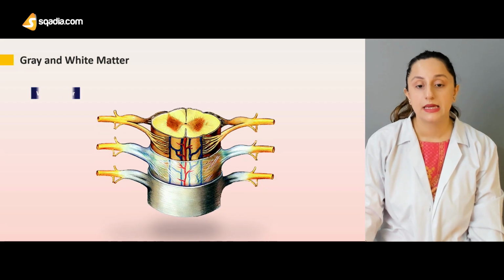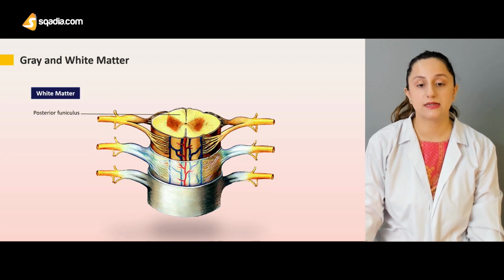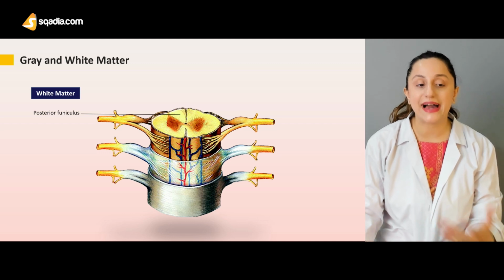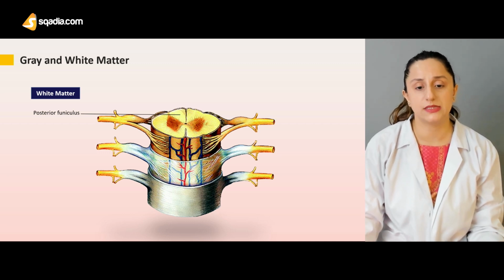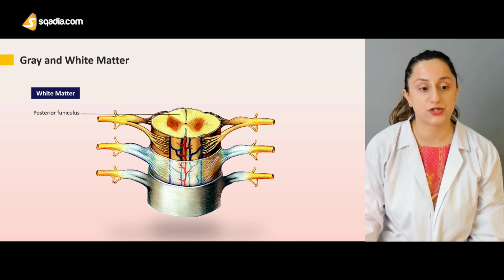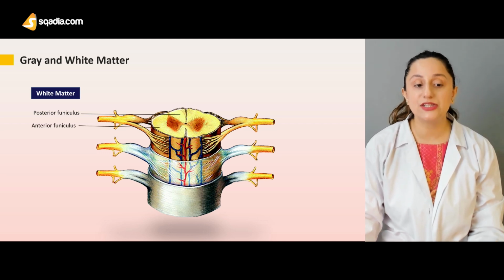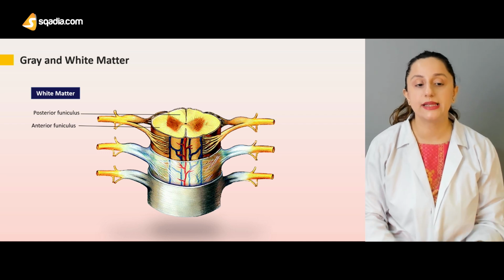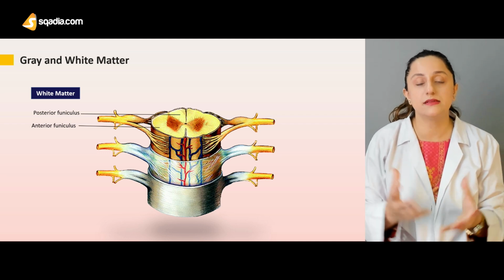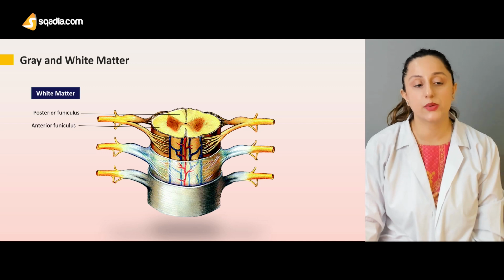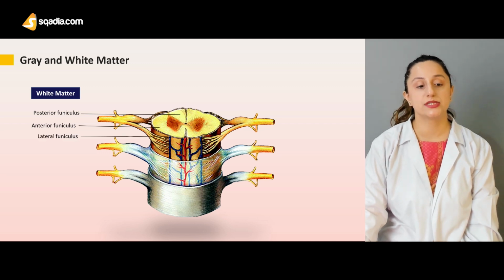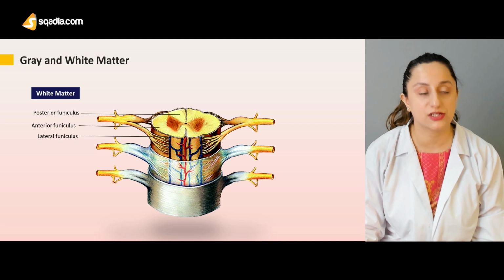So this is the basic difference when we look at a cut section of the spinal cord. For the purpose of study, we divide white matter into a posterior funiculus, and then an anterior funiculus, which is more anteriorly located. They are bundles of tracts located in these posterior and anterior funiculi, and then we have a lateral funiculus.